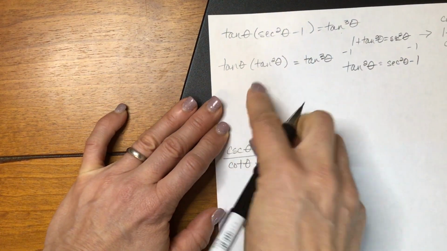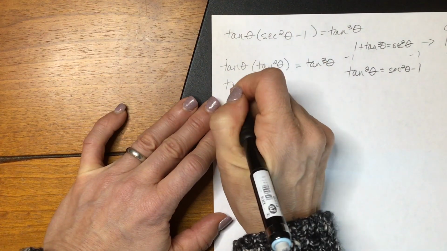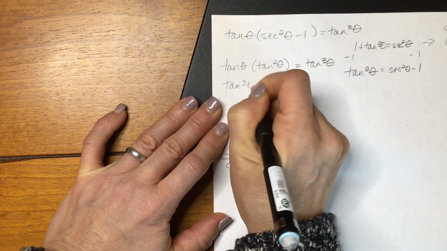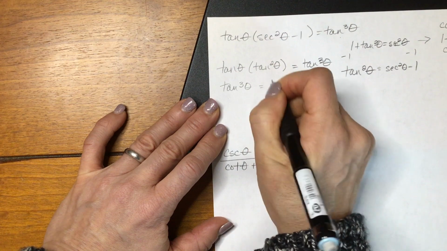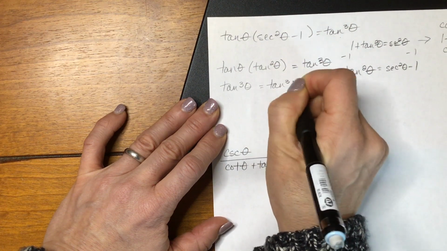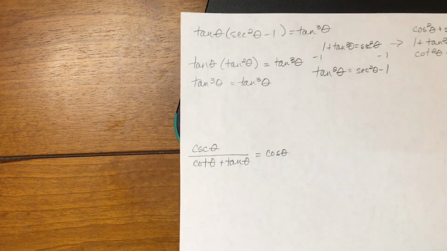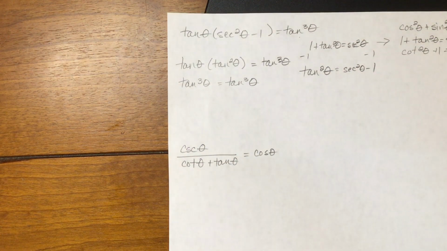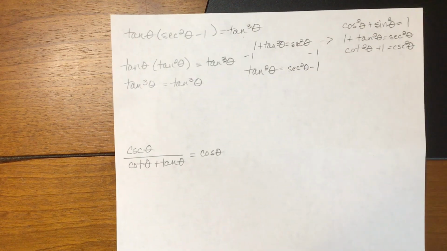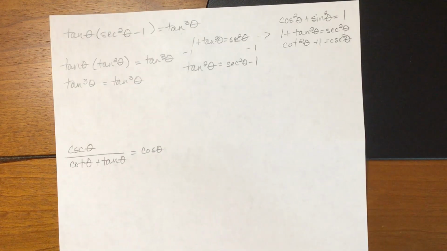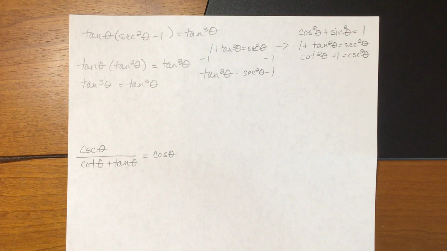And when I multiply these two terms, I get tangent cubed theta equals tangent cubed theta. And vice versa, you could work backwards too if you needed to. All right, so there's that one. Here's everything that we used, so if you wanted to pause and get your notes.